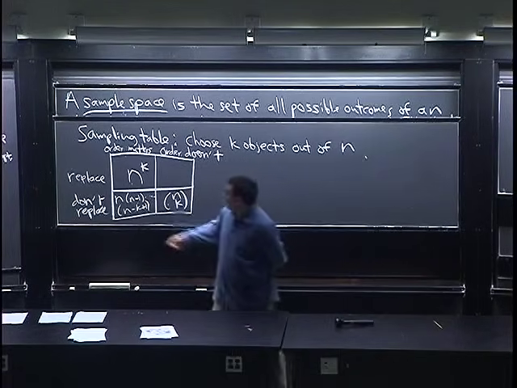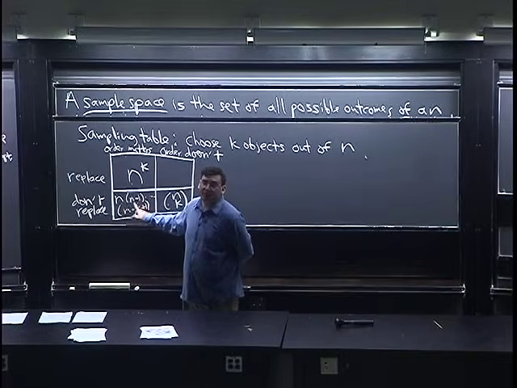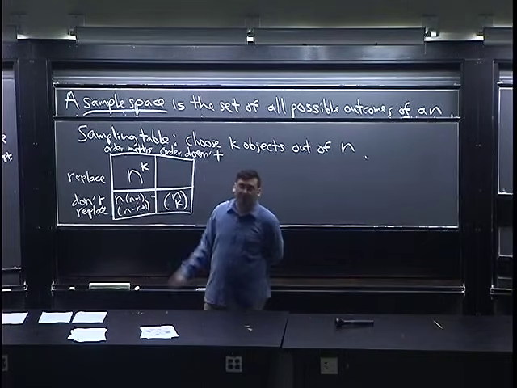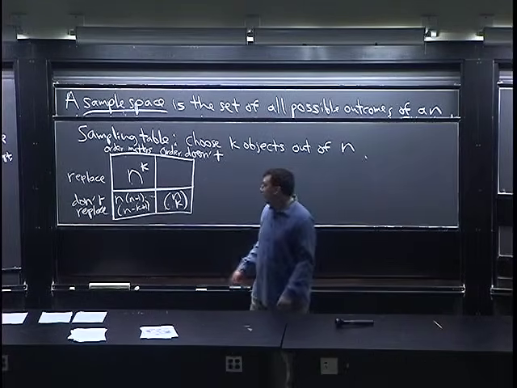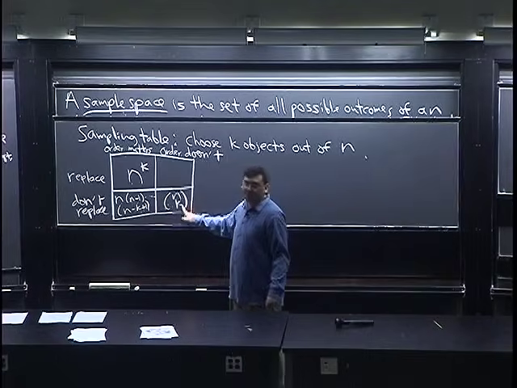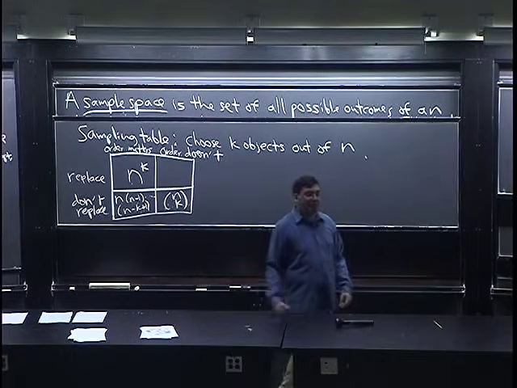Because there's n choices for the first person, and then since I'm not replacing that person, there's n minus 1 choices, and so on, until we get to n minus k plus 1. Now, this is closely connected to this, as we just showed on that board. If you take this and divide by k factorial, you'll get this, okay? And you should think about why that makes sense.